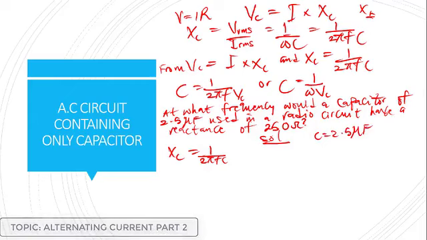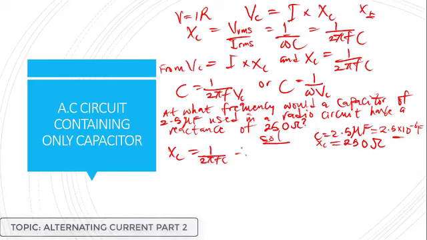When we're talking about C equal to 2.5 microfarad, we simply mean 2.5 times 10 raised to the power minus 6 farads, because micro means times 10 raised to the power minus 6. And then they told us that the capacitive reactance is 250 ohms. So we're asked to find the value of the frequency.